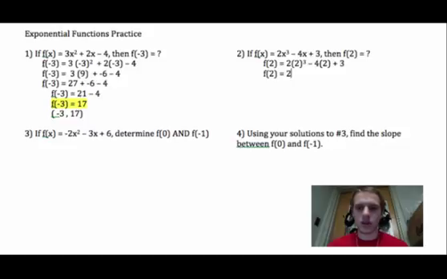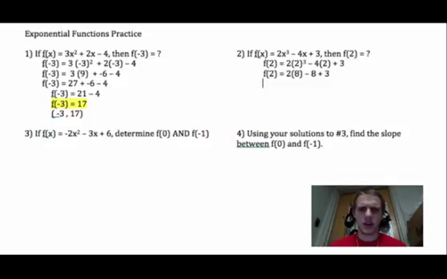So let's keep that 2 out front. What is 2 cubed? 2 times 2 times 2. So the first 2 times 2 gives you 4. 4 times 2 again equals 8. Negative 4 times 2 gives you that negative 8. And then plus 3 on the end.